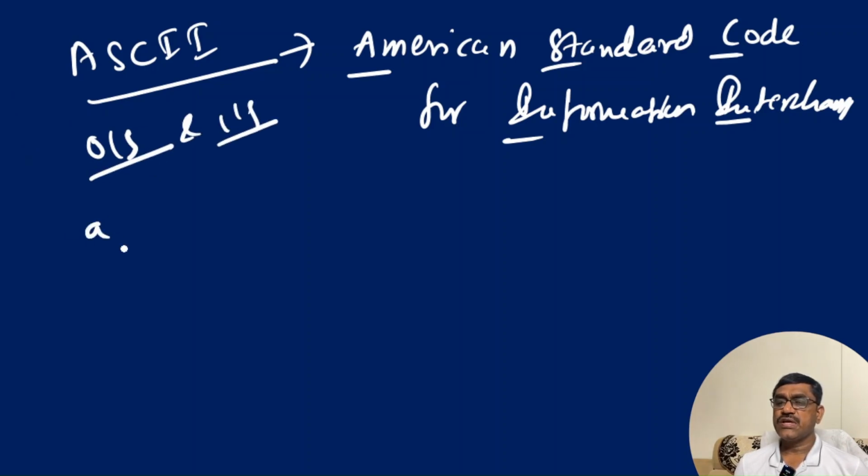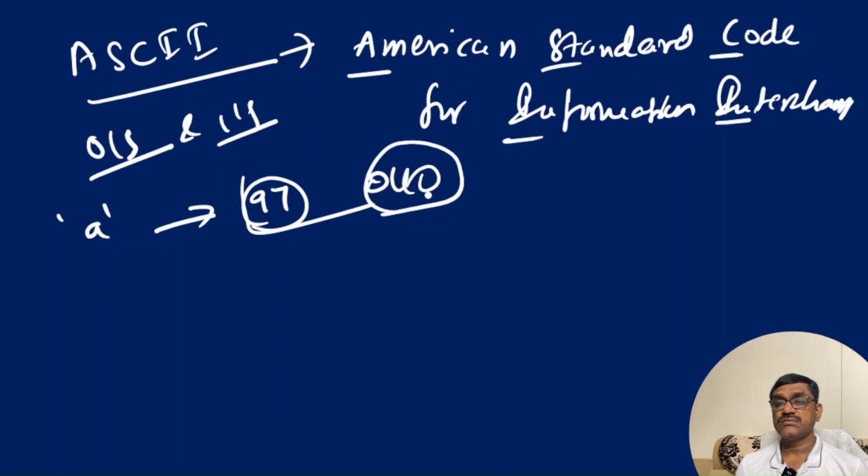So whenever we give a character, this character is also represented as a number. So when the character is represented like this, small 'a' in single quotes, let's take its ASCII value 97. So lowercase letter a takes the ASCII value 97. Now internally this decimal value 97 is converted into zeros and ones. So every character is represented in the form of numbers, and those numbers are automatically converted into zeros and ones. So that is the logic. If you take small b, what is the value? 98.